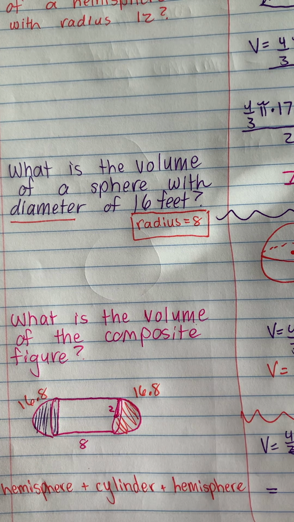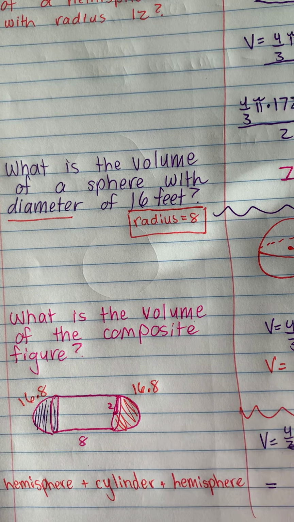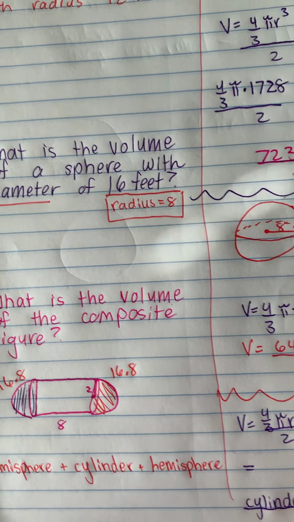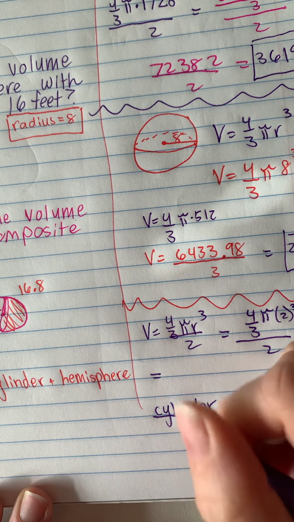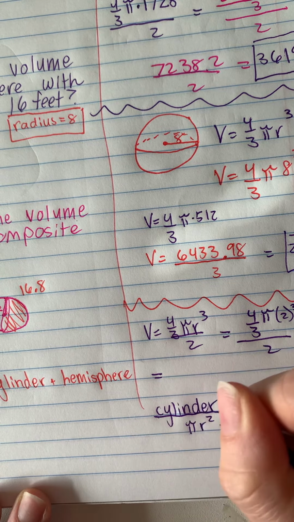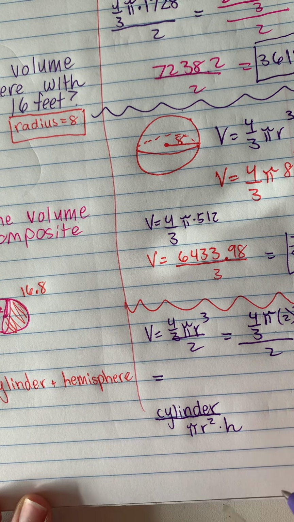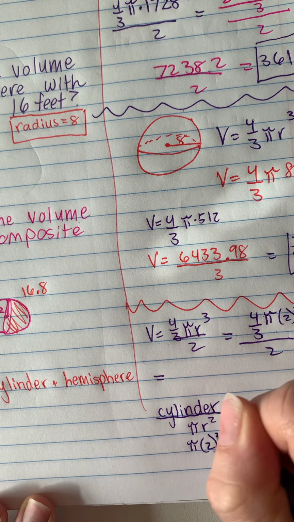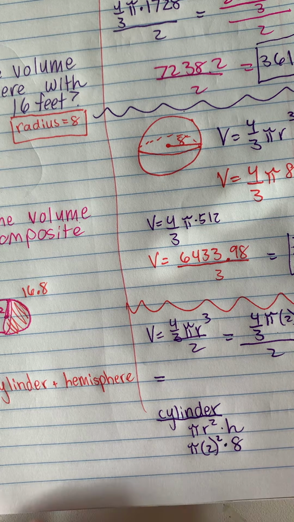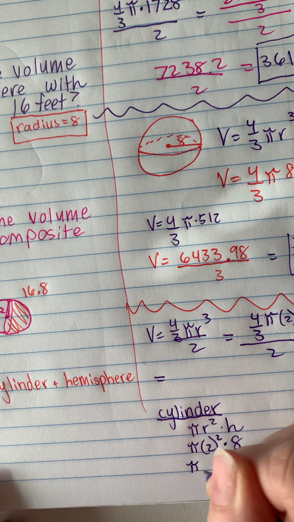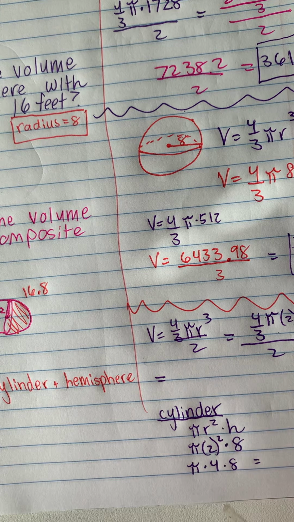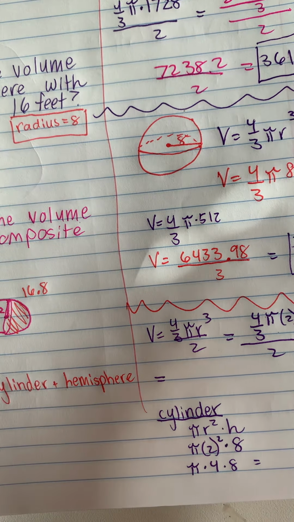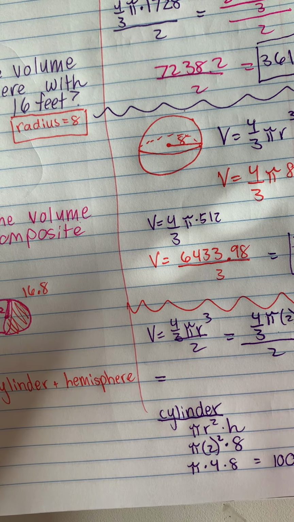Now let's find the volume of that cylinder. Its formula is pi r squared times the height. So we've got pi, our radius is 2, we're going to square that, and we multiply it by the height of 8. 2 squared is 4. So we do pi times 4 times 8, and you got 100.5.